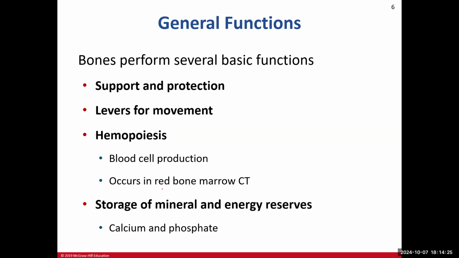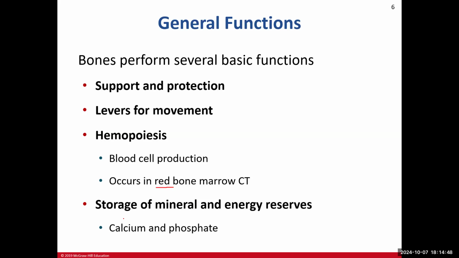Specifically, the type of bone marrow that makes the formed blood elements is the red bone marrow, because you have yellow bone marrow, which we'll talk about maybe today, and you have red bone marrow. Red bone marrow, think of it as the active bone marrow. That's the bone marrow that's making those cells that I was telling you about.